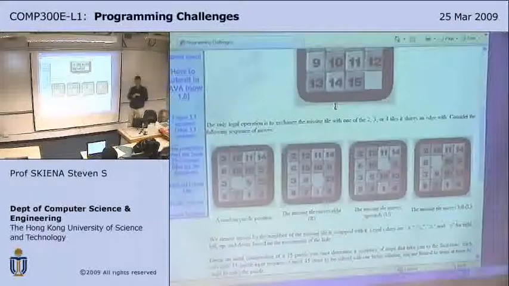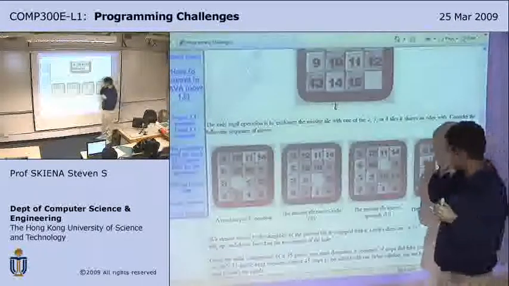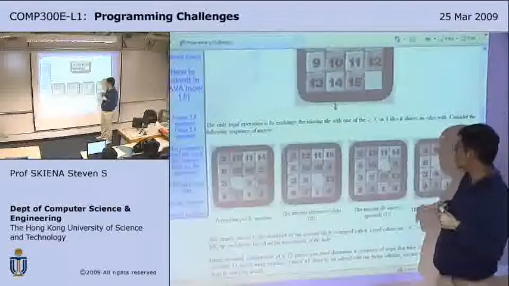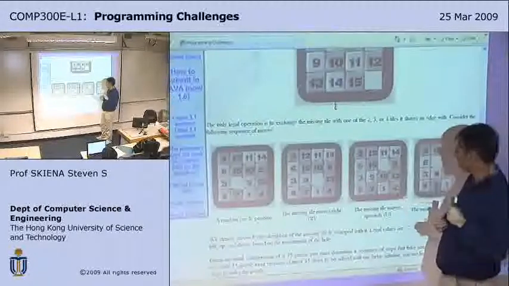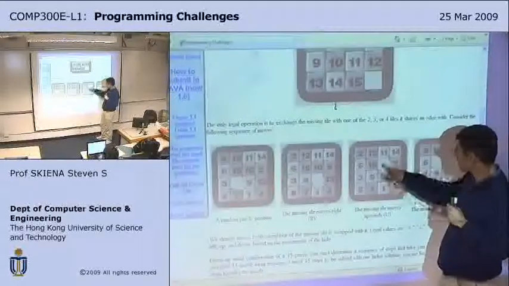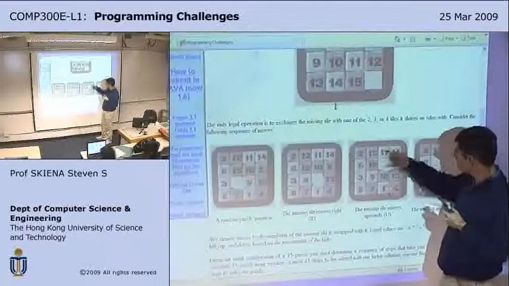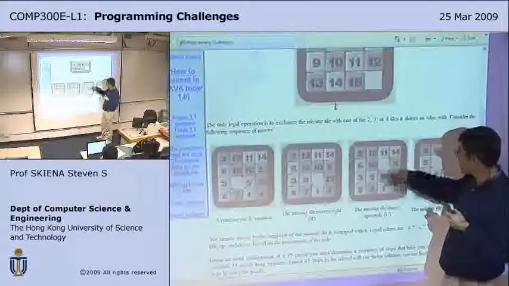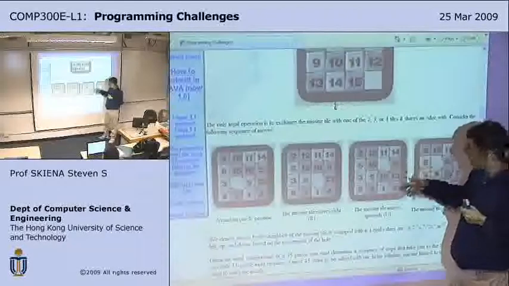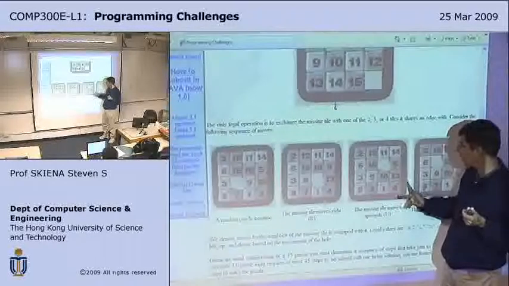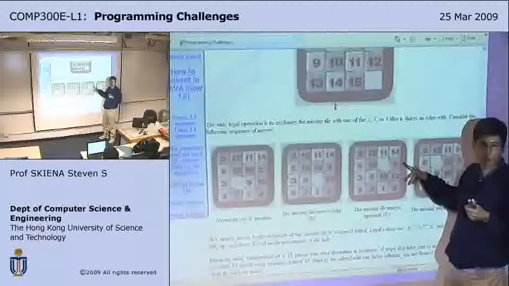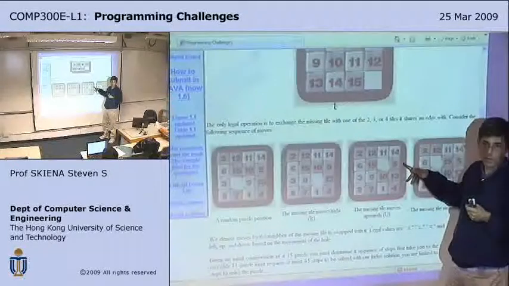Okay? And the cool thing about that is that it gives you a pretty good lower bound, or at least a pretty substantial lower bound. What is the lower bound in this case? I'm just guessing, but from looking at this, it's probably at least 10 or 20 steps away, right?